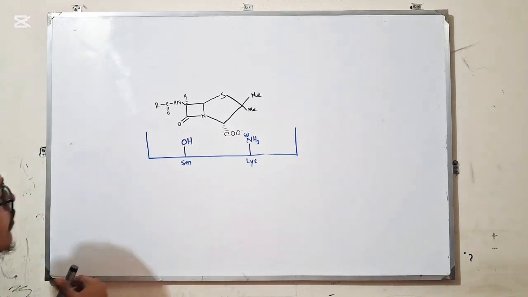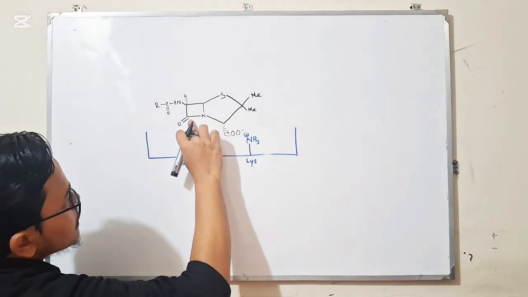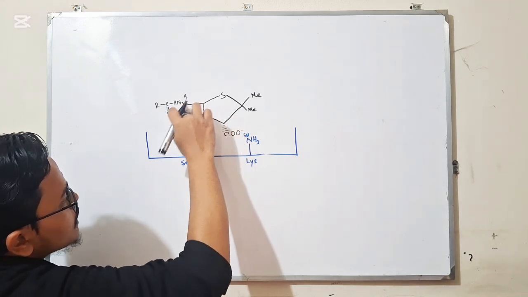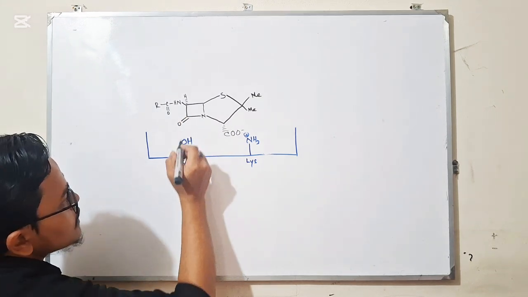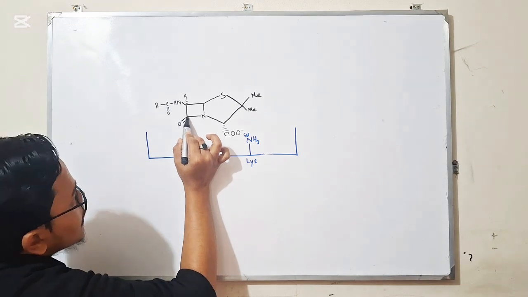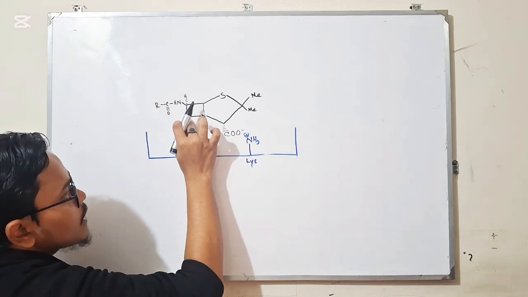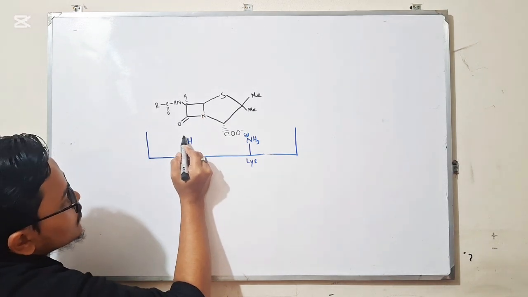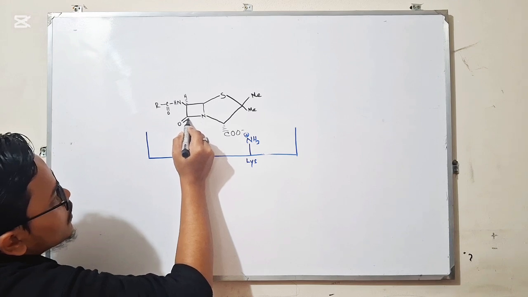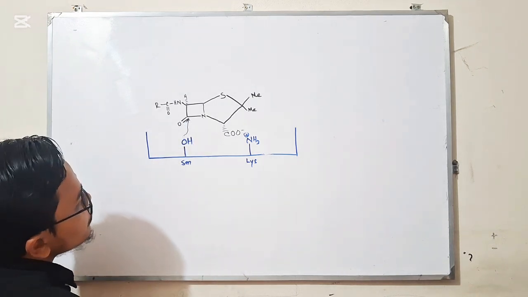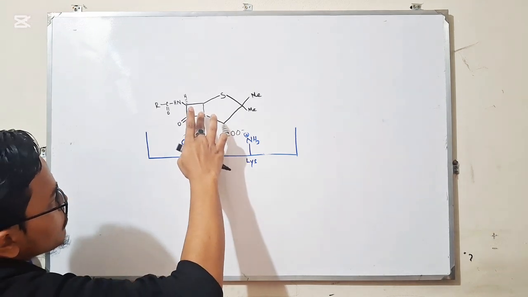Okay, and what happens here? Basically this beta lactam ring, this pharmacophore, what happens here? Basically this carbon, due to this oxygen, due to the inductive effect, will be electron deficient. As I said before, oxygen would like to share its lone pair. Okay, and then what will happen?